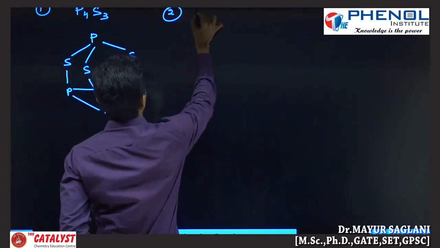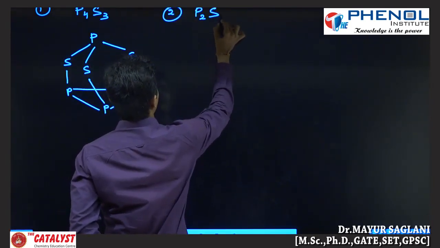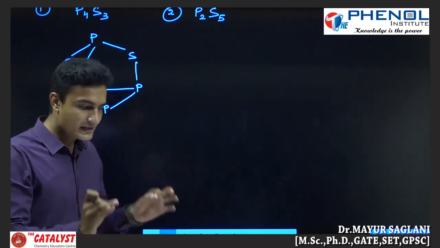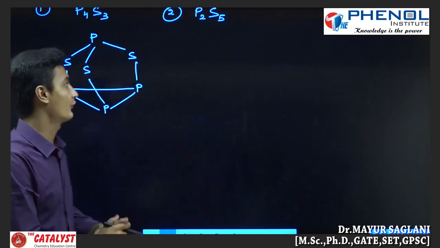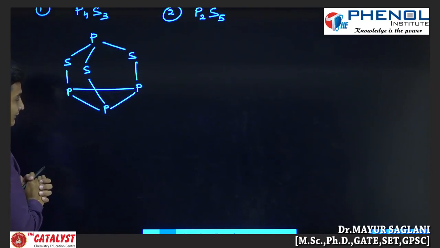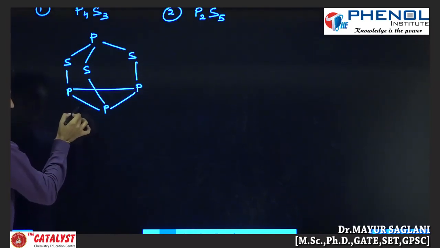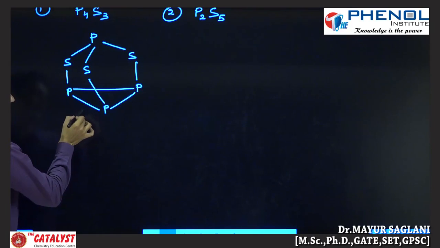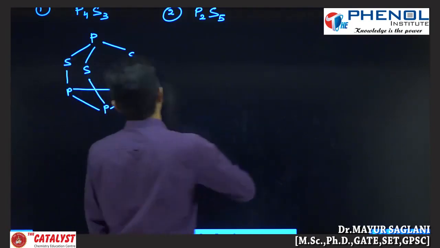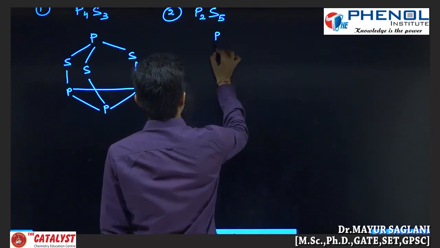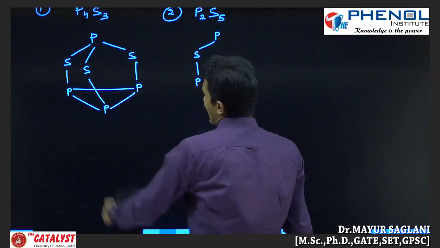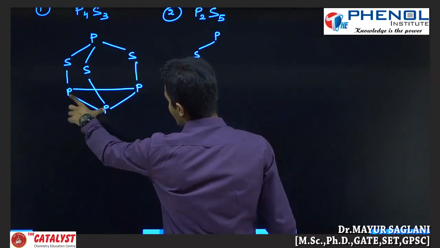Second one is P2S5. I have to add 2 sulfur atoms. You just need to remember the position where I am adding that sulfur atom. Fine. 1 sulfur atom I will add here, and 1 sulfur atom I will add as a double bond S. So the structure is, again I am writing the same structure PSP, but now I will have to put 1 sulfur atom between these 2 phosphorus.